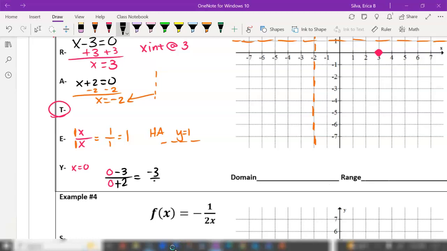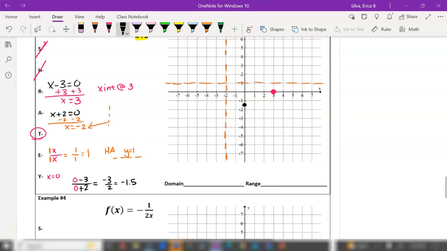We simplify it, negative 3 over 2, which is negative 1.5. And we want to put these as a decimal so we can easily graph it. So my y-intercept is at negative 1.5.